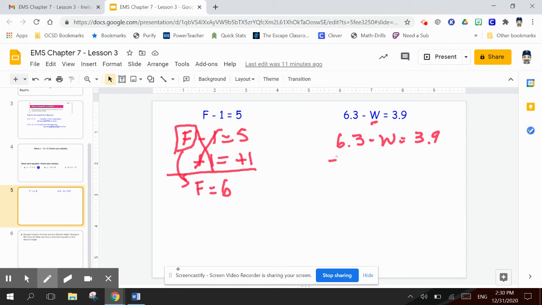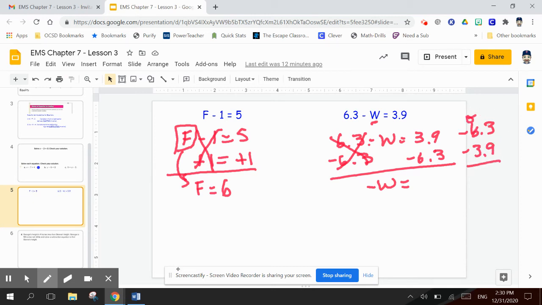So I subtract 6 and 3/10 from both sides. 6 and 3/10 minus 6 and 3/10 is 0. I have a negative w, or the opposite of w, equals. Whoops. This is a negative 6.3 minus 3.9.